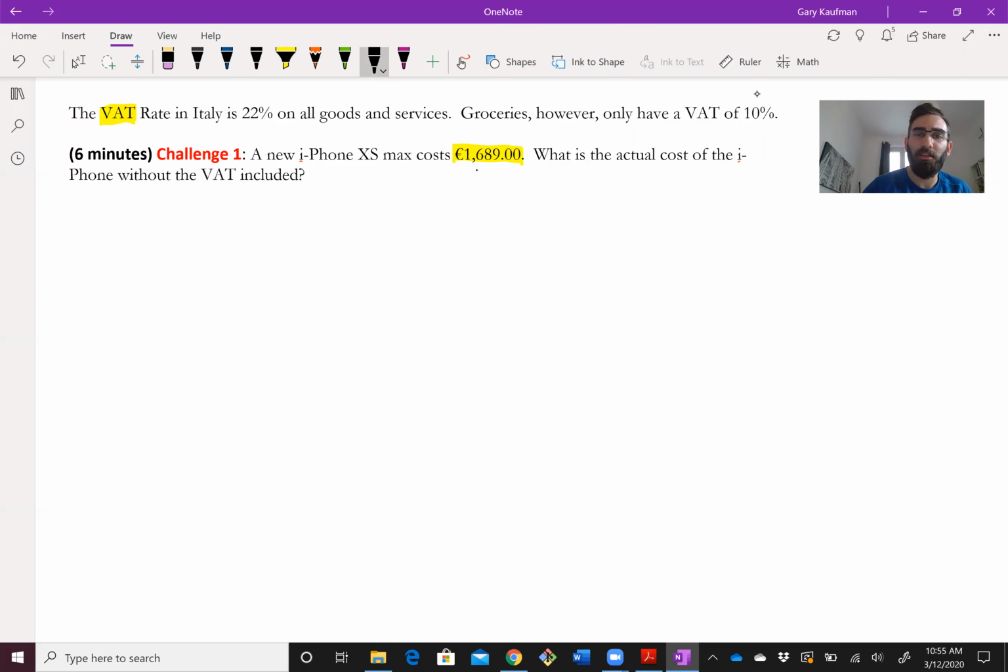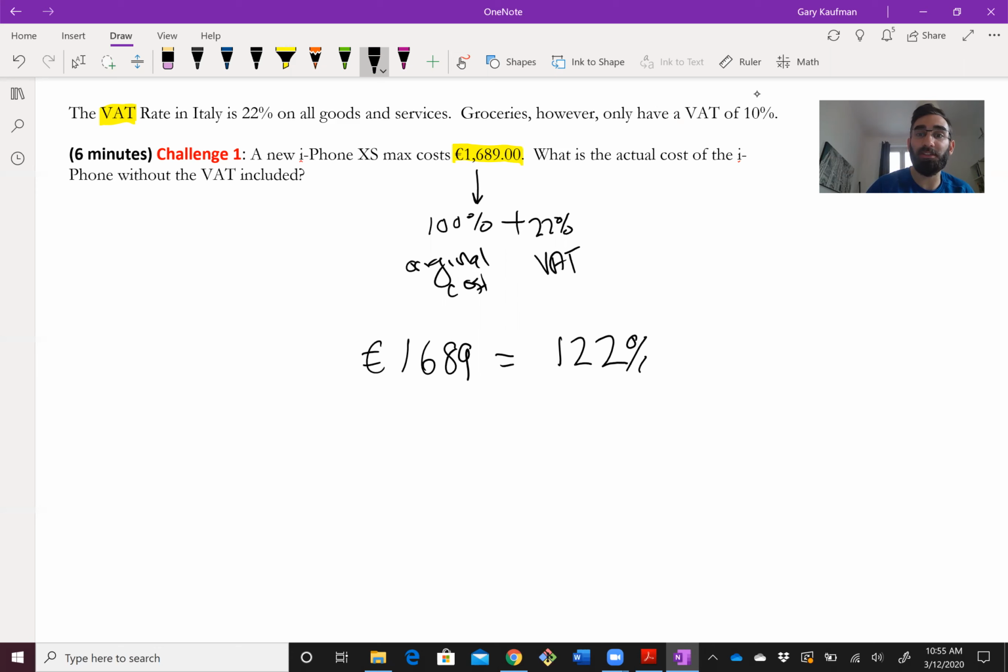Well, this has the 100% original cost plus the 22% VAT already built in. So this number right here, 1,689 euros, is actually equivalent to 122%.